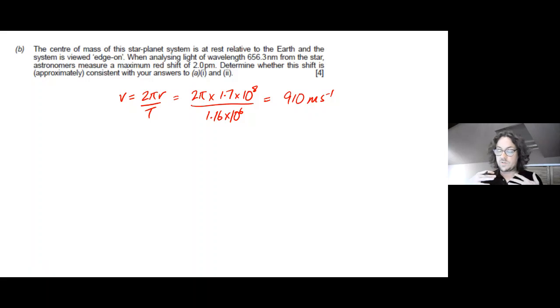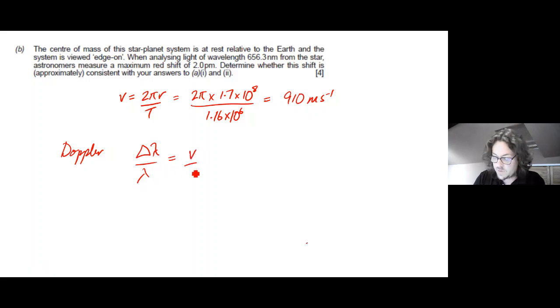And now we want to confirm that. So this is what it's saying: determine whether this shift is consistent. So let's work out, using the Doppler effect, whether this is confirmed. Remembering that the Doppler effect is delta lambda over lambda equal to v over c, we can say that v is equal to delta lambda times c over lambda.